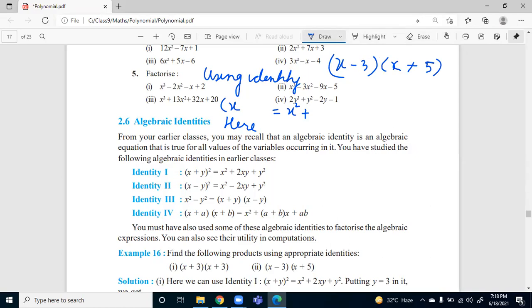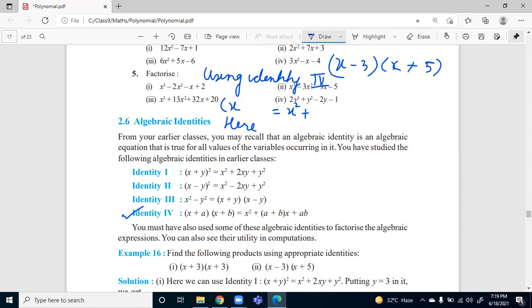No, that is incorrect. See, here we do have different things associated with x. You can see it is (x - 3) and (x + 5). So we need to use identity number 4. x is associated with a and x is associated with a different value of b. So you should write using identity number 4.